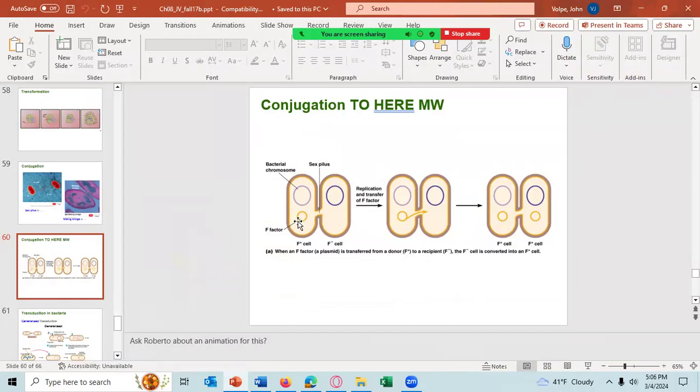The F plasmid in the F plus cell, which codes for the sex pilus, can then replicate itself and send it through the sex pilus into the F minus cell. That will change the phenotype of the F minus cell to an F plus cell because it has the F plasmid, and that F plasmid will code for the construction of a sex pilus in the F minus cell. So we change the phenotype of that cell from F minus to F plus. Any question about any of that?